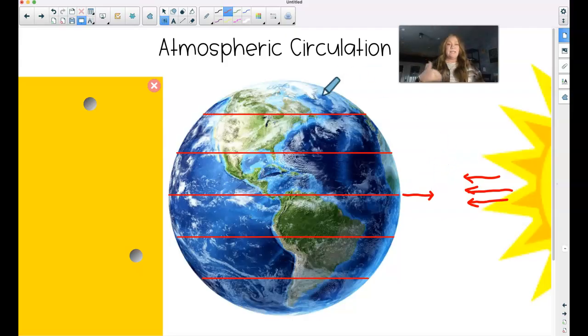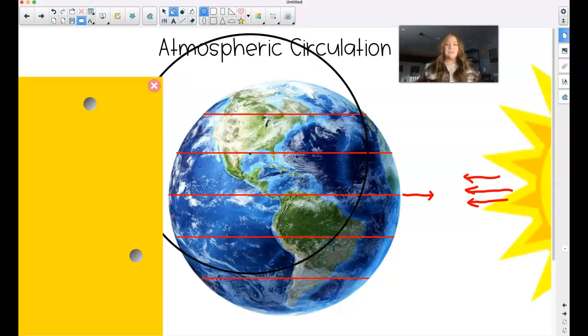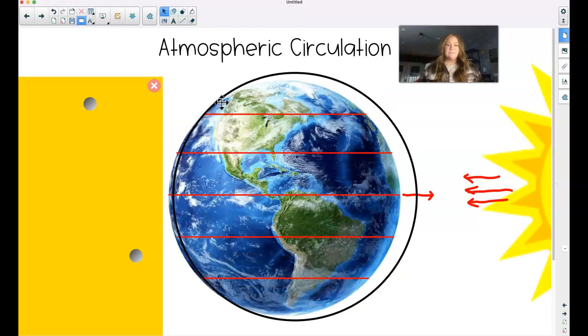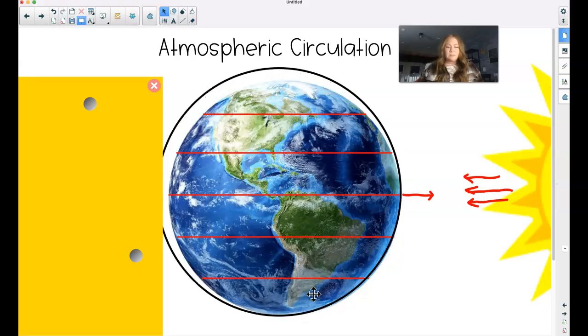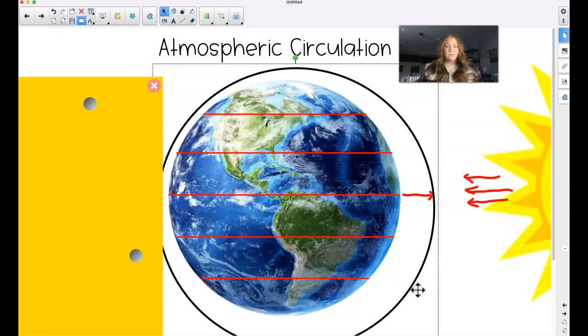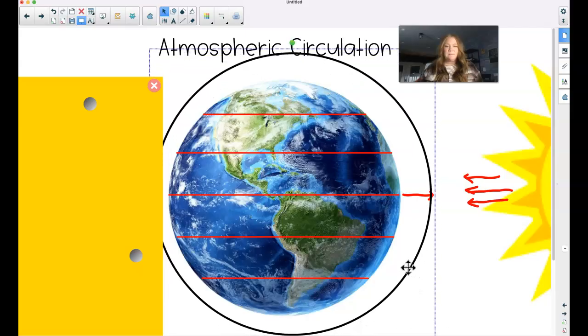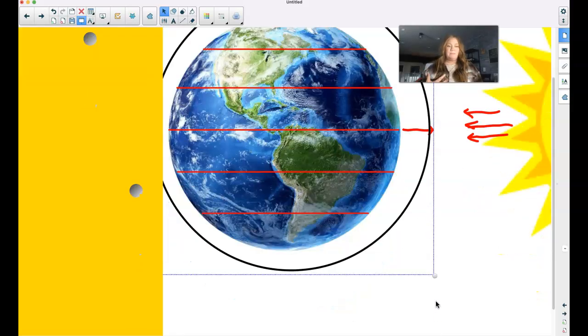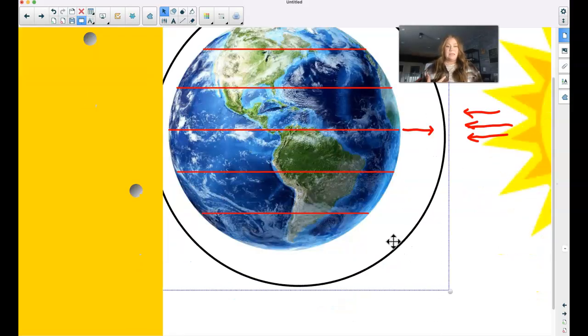Once it gets out a certain way, about, I believe, 17 kilometers away from the earth, and let me see if I can make this a little bit bigger, once it gets out here, it can't go any farther.